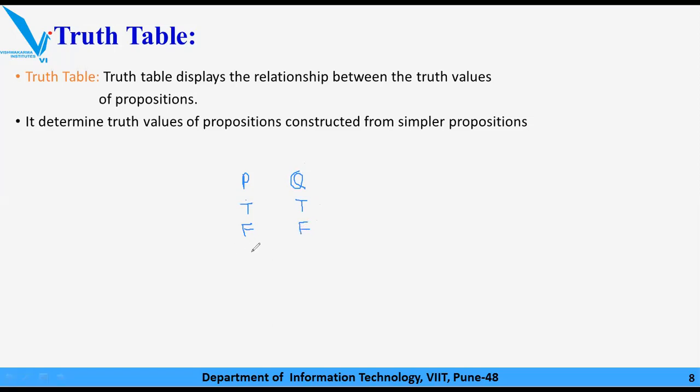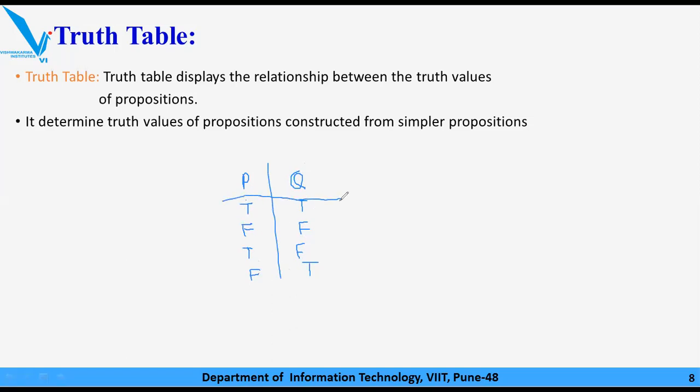But these are not the only combinations. The combination can be true and false, or false and true. So this is called the truth table.